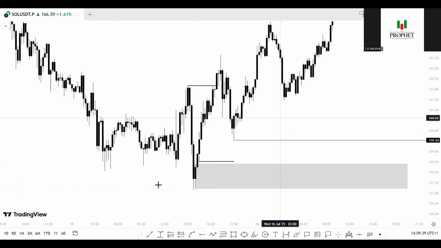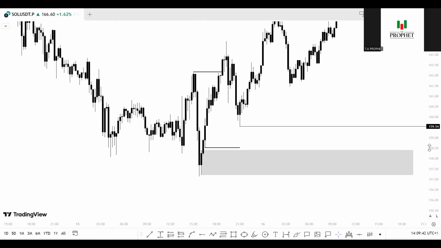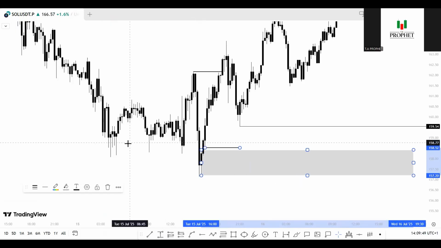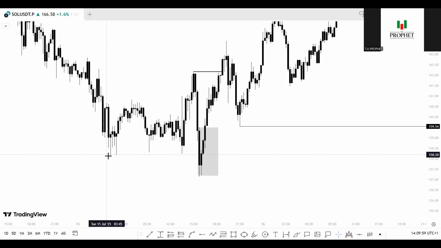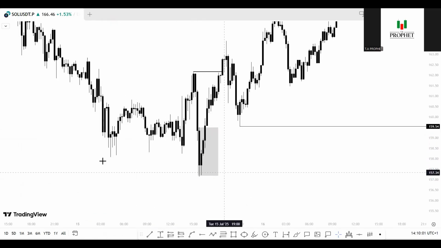But I can actually still use this candle here, this big candle is supposed to be my order block, because it swept all the liquidity, it swept all this low, the liquidity of all these lows. All right, but then there's no imbalance and all of that in that candle.